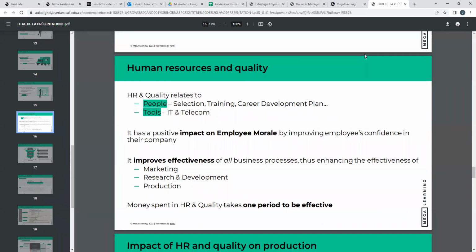When you are putting money in that box, what you are doing? You are investing in people and in tools like information technology, okay? This is going to have an impact on one of the 6 criteria that are evaluating your performance, which is the employee morale. When the company is investing in human resources, employees are happier.